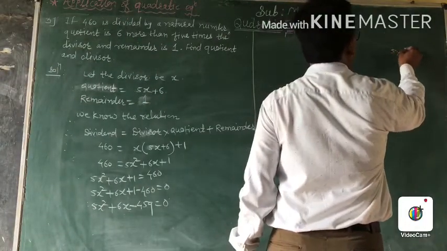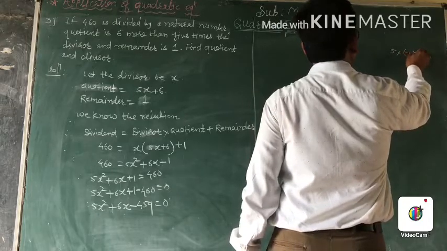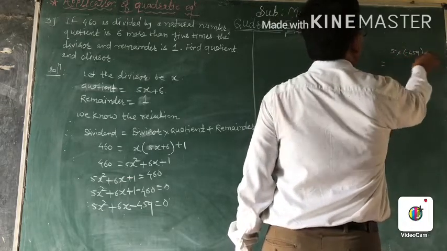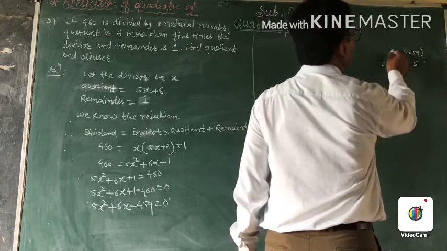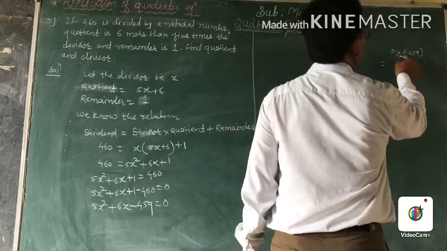Now let's see the choices of factors of 5 into minus 459.